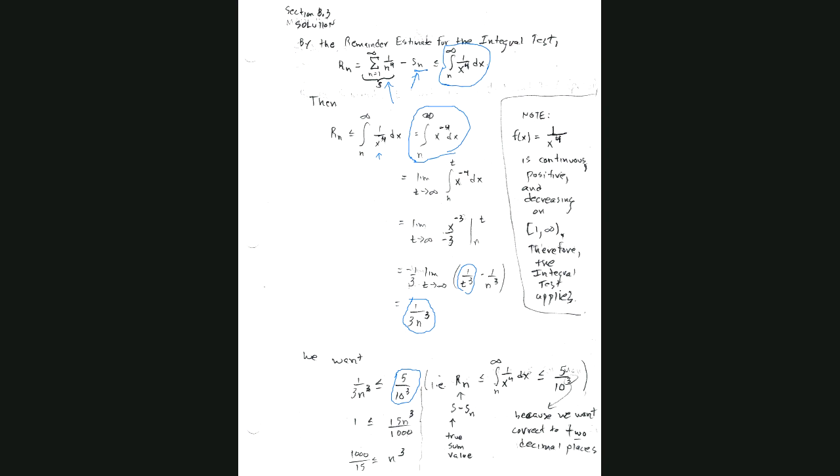If I had wanted the series to be correct to 3 decimal places, what would I need 1 over 3n cubed to be less than or equal to? If I wanted the series correct to 3 decimal places, what would I have here in place of 5 over 10 cubed? Who can chat it out?